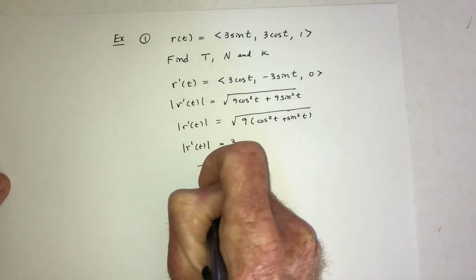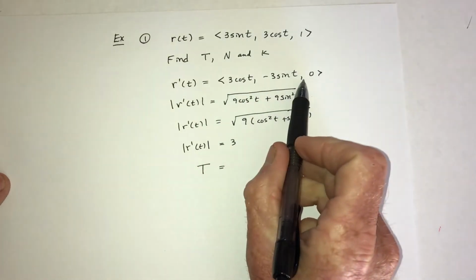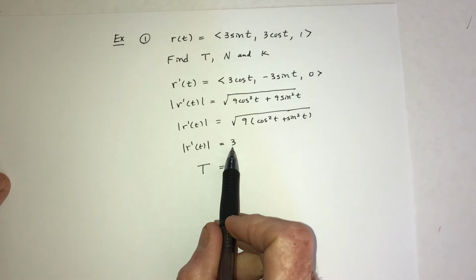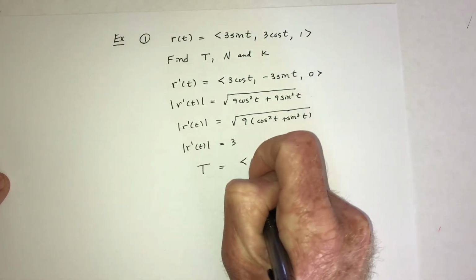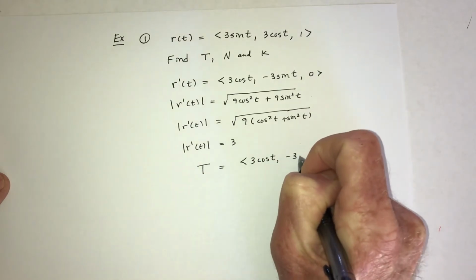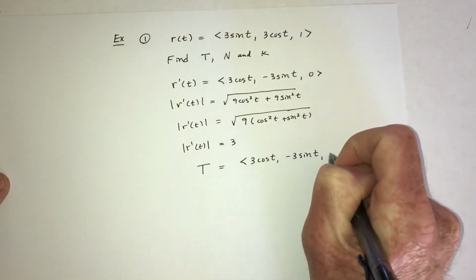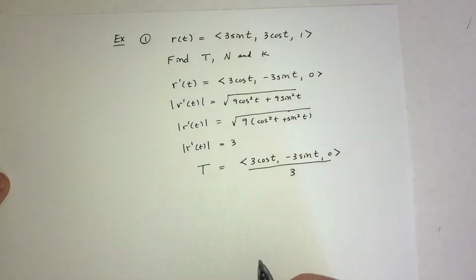So that means that the unit tangent vector will be the derivative divided by the length of the derivative. So when you divide them, so 3 cosine of t, negative 3 sine of t, comma 0, and then it gets divided by 3.